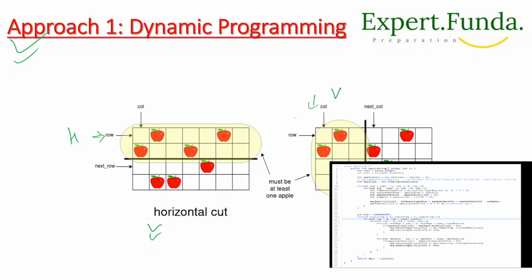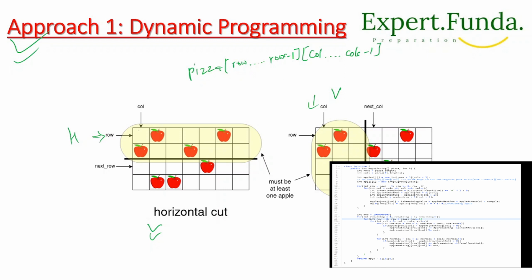So the remaining part of the pizza, if you re-represent it, will have rows going from row to rows minus 1, and the column will go till columns minus 1, correct?